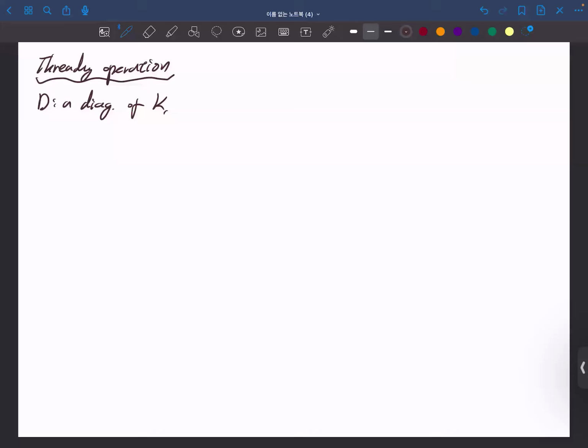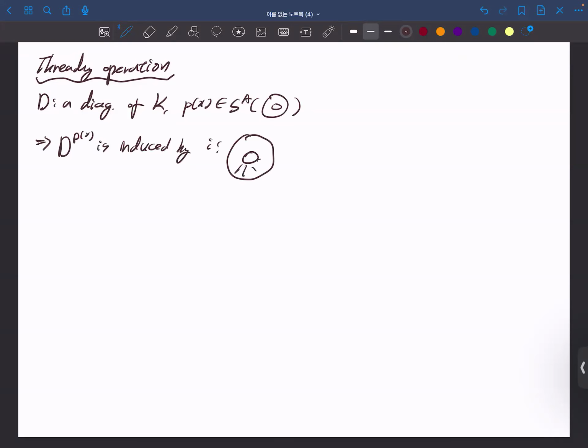Let's say D be a diagram of K, and P(x) is an element of the skein algebra of the annulus. Of course, this must be a polynomial with variable x. Then D(P(x)) is induced by a map from this annulus to this annulus.